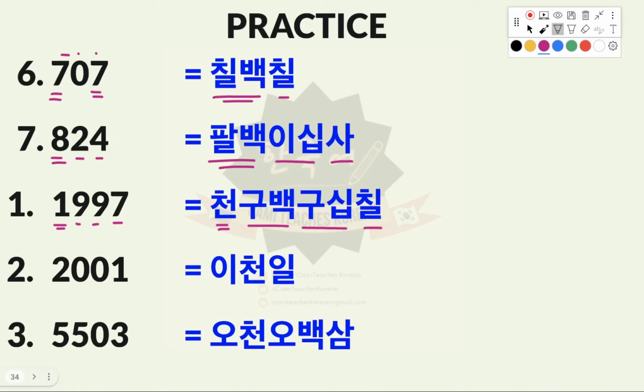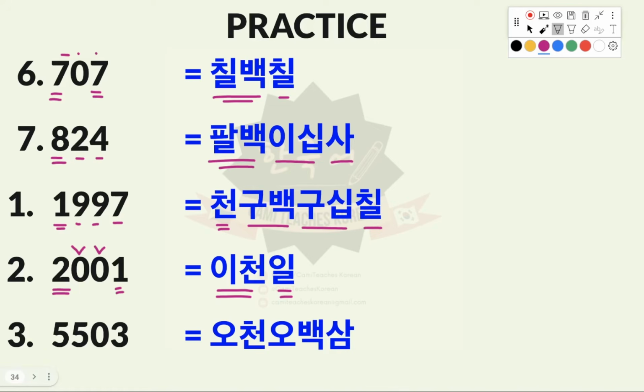2001 po. So, ang largest digit natin ay 2,000. Ang 100 at 10, wala namang value. So, skip na po natin. We have 1 over here. 2,000 po siya. 2001.